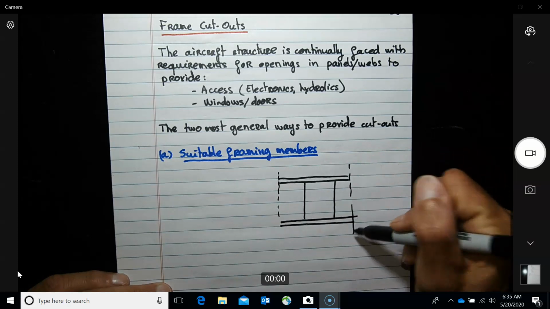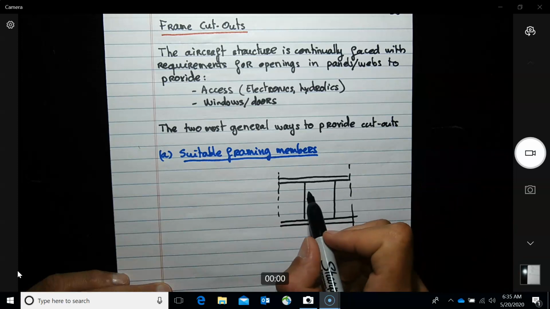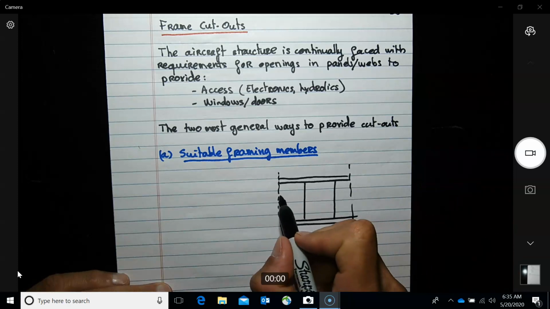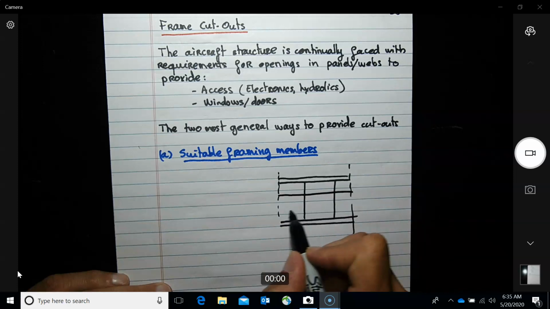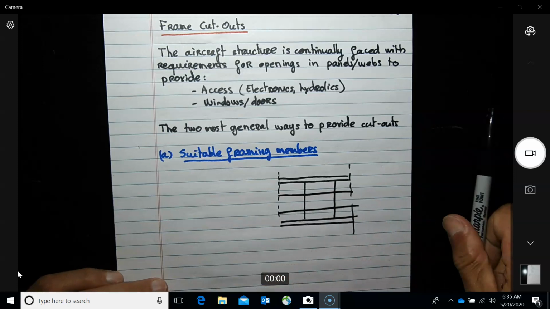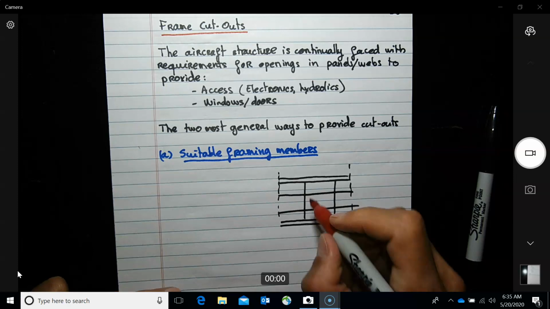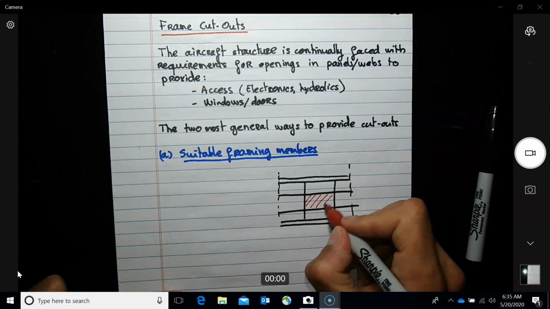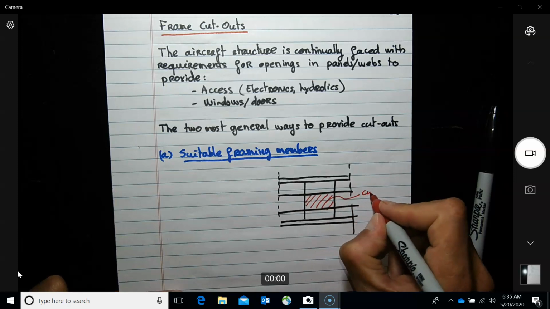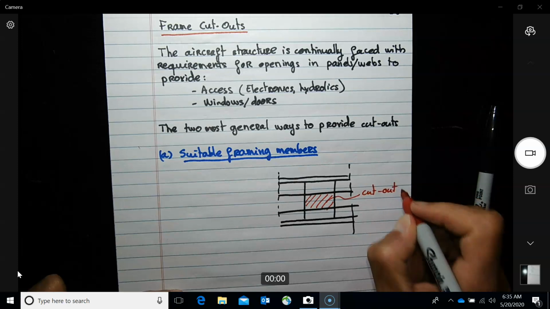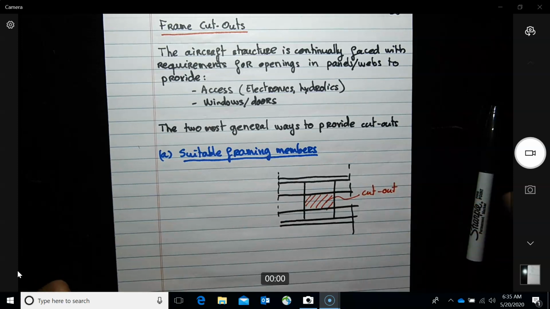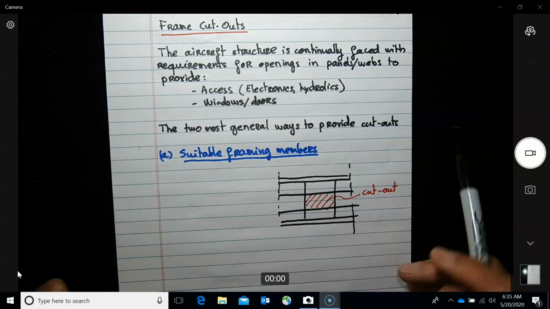Okay, so it would be just a section, all right? So let's say you want to create an opening here. So the best thing is to create the frame here, some stiffeners, okay? And the best way is just to create here a cutout in a section, but that is to run them by stiffeners on both directions.